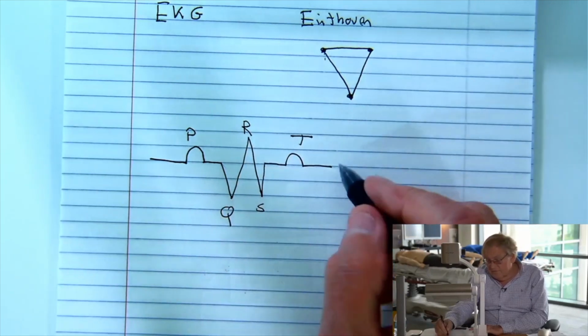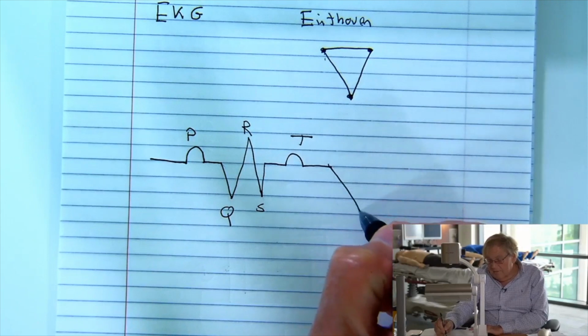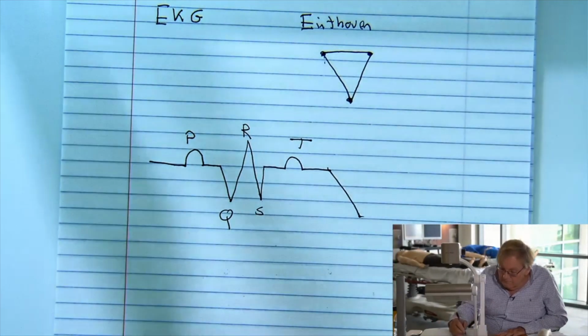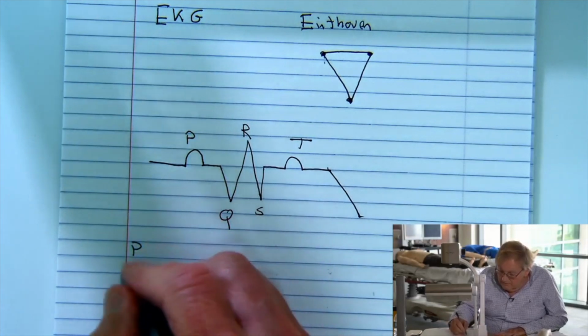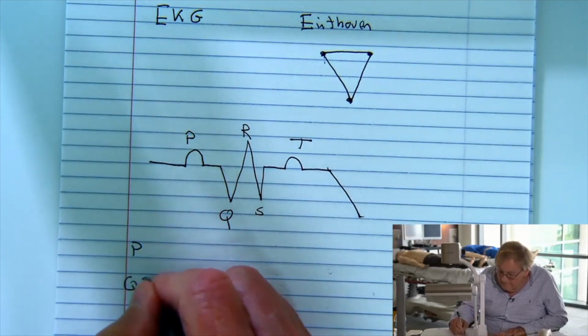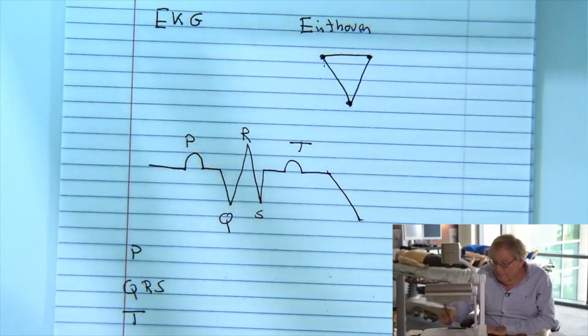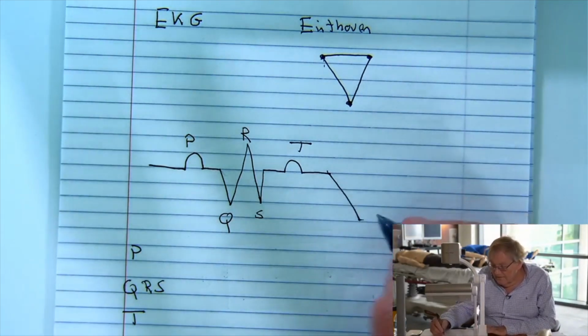So this straight line here we want to label. So this we want to label P, the QRS, the T, and we want to say that that straight line there is going to be called the isoelectric point.